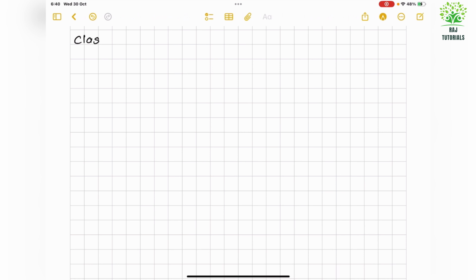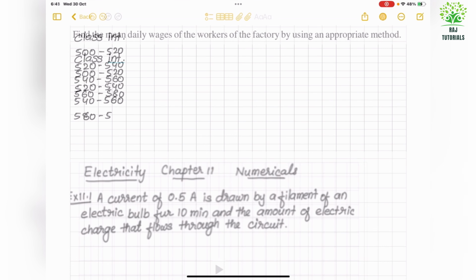So class interval, so 500 to 520, 520 to 540, then 540 to 560, 560 to 580.